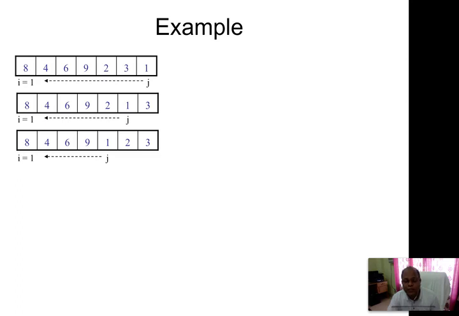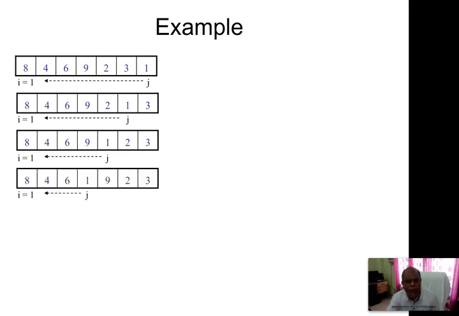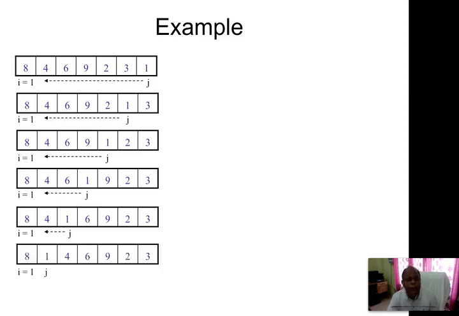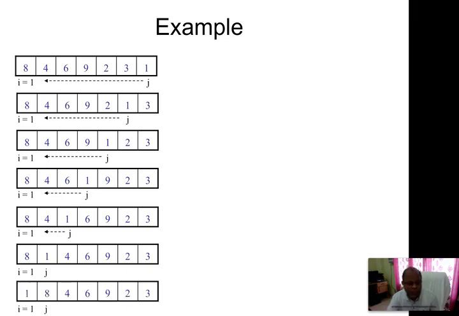Now j becomes n minus 2, whose value is now 1. Now it will be compared with 9, that means j minus 1. 9 is bigger, hence you exchange 9 and 1. Now again 1 is compared with 6, and 6 is bigger than 1, hence you exchange 1 and 6. Now 1 is compared with 4, 4 is bigger, and you exchange 4 and 1, and then 1 is compared with 8 and you exchange 8 and 1.